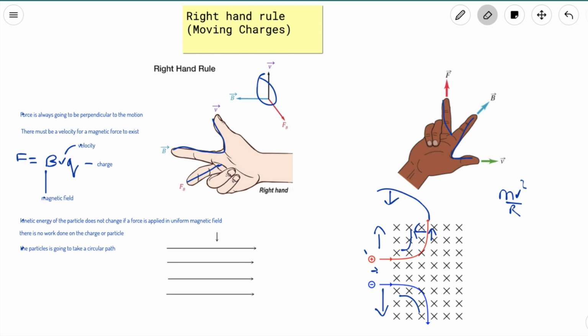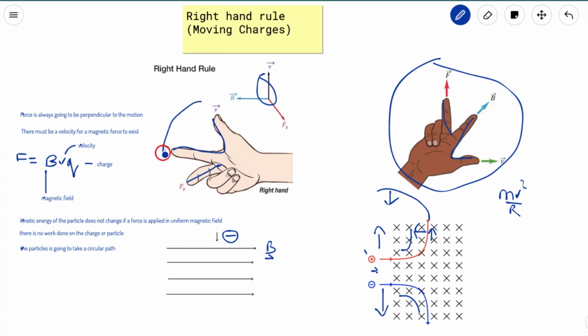So now let's try it with a negative charge. I'll let you do this by yourself. And this is the magnetic field. If it's confusing how I explain the right-hand rule, you can always look at this drawing and this drawing, how all your fingers are going perpendicular to each other, and practice that form. It's a weird form, but memorize how it's going to be.